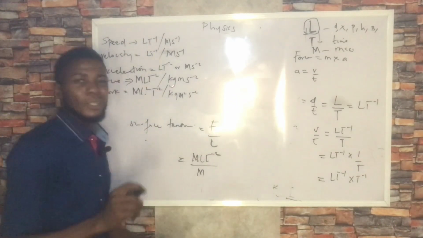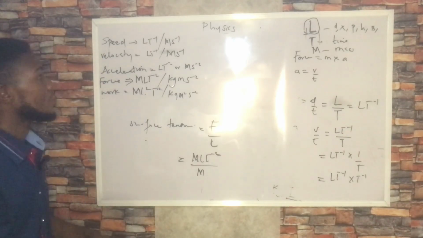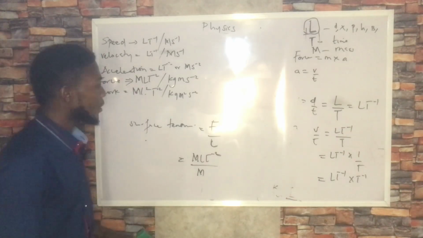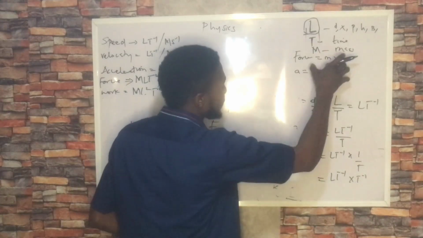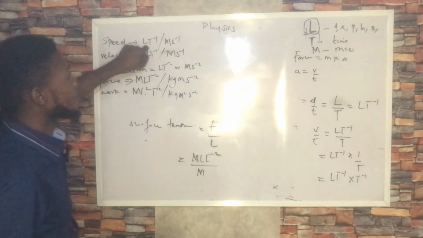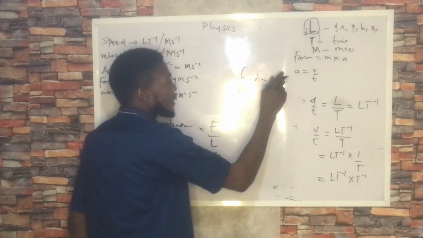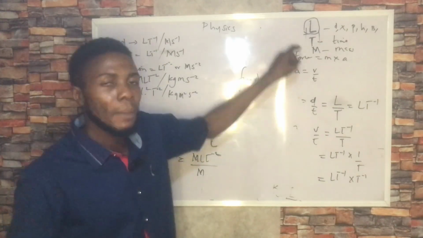Now I want you to take note of something. Most of the variables we are using, right from speed, use a few of the fundamental quantities: length, time, and mass.